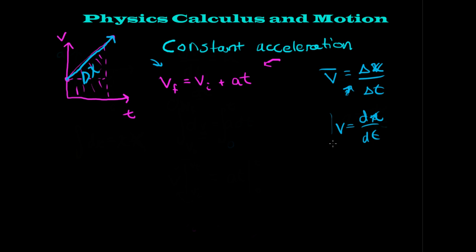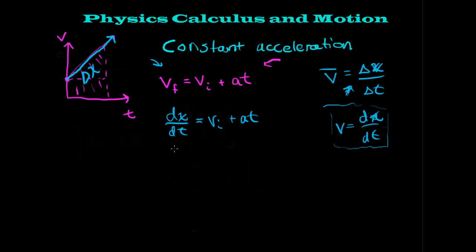But this one is where these little changes in increments are so small that we can call it instant. And you should know this. Now, for vf here, we're going to substitute dx/dt and follow the same pattern that we did in the last slide. So, vf is dx/dt, so we'll write that, dx/dt, and that is equal to the initial velocity plus at.